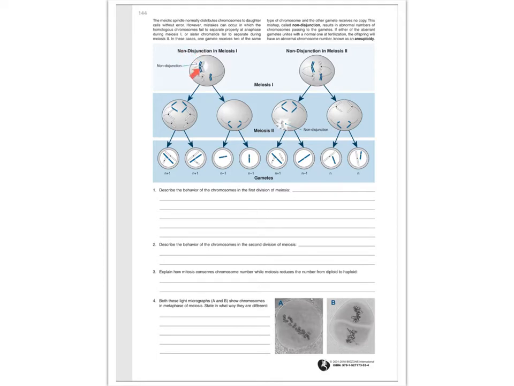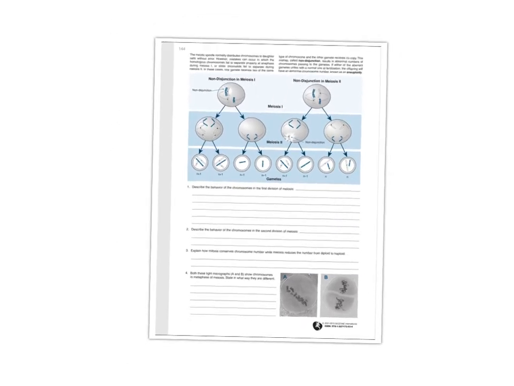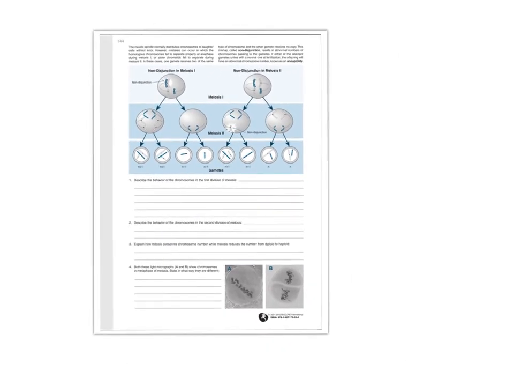Non-disjunction means that they're not coming apart. It's kind of crazy. I'm sure some evil genius English major decided to write that, but whatever. Non-disjunction just simply means that there's a failure to separate the chromosomes.